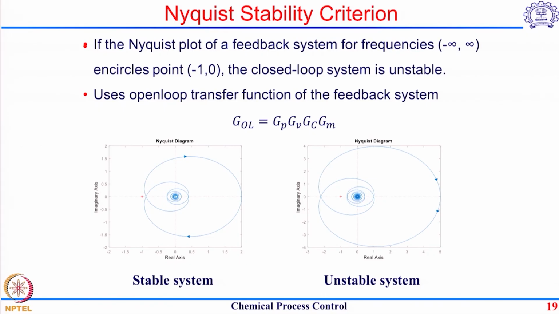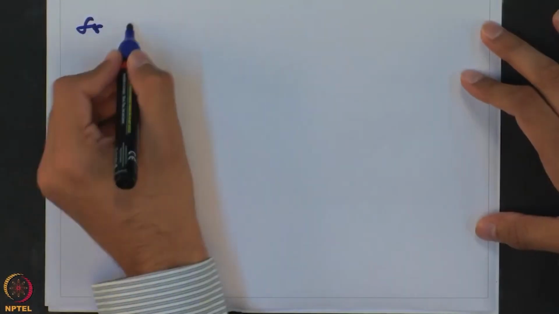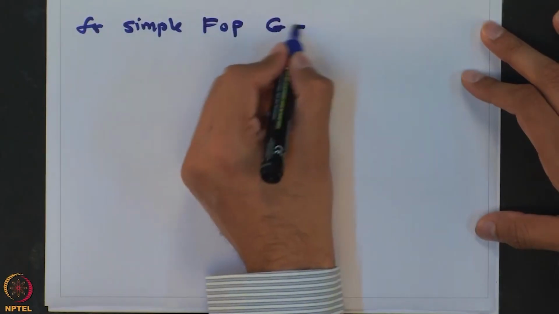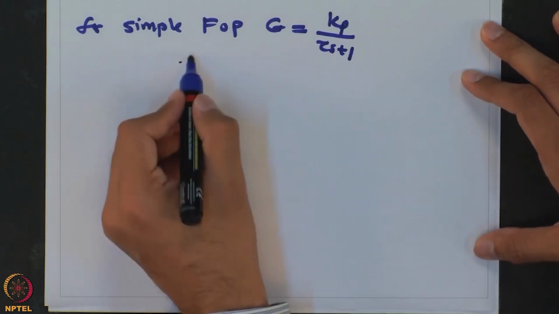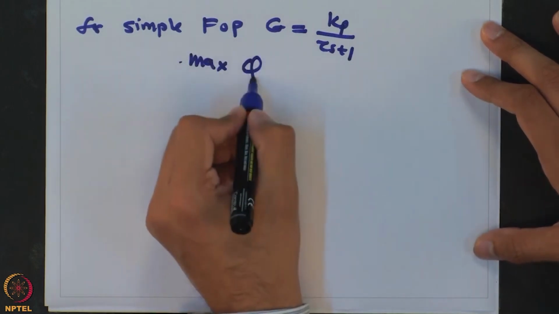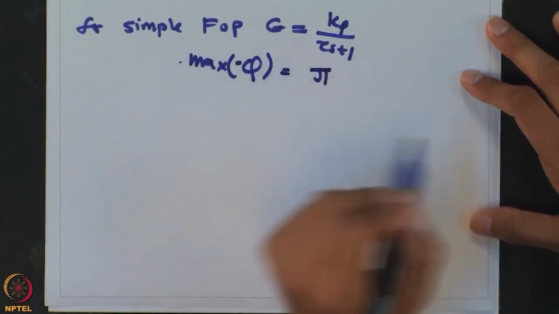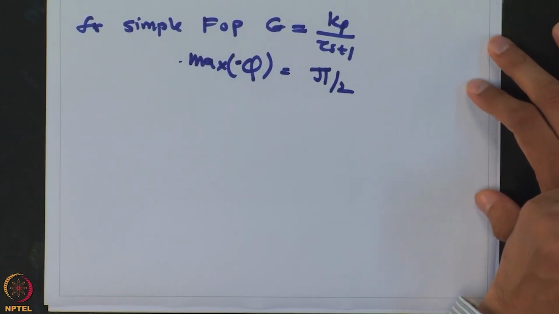Now if we want to get some results from this, we would see that for a simple first order process, where G is Kp over tau s plus 1, the maximum phase lag we are going to get is pi by 2, because the phase is -90 degrees.